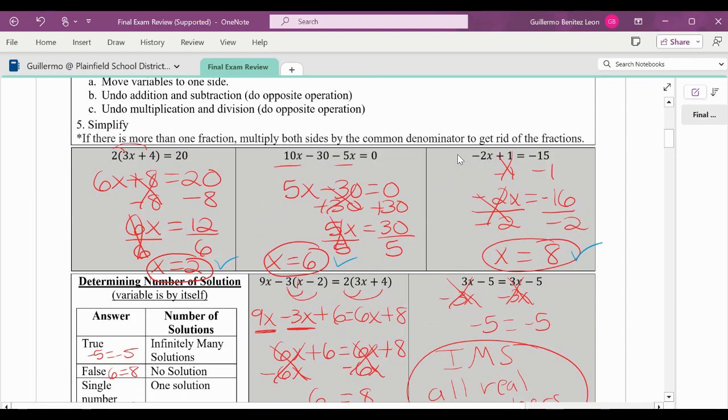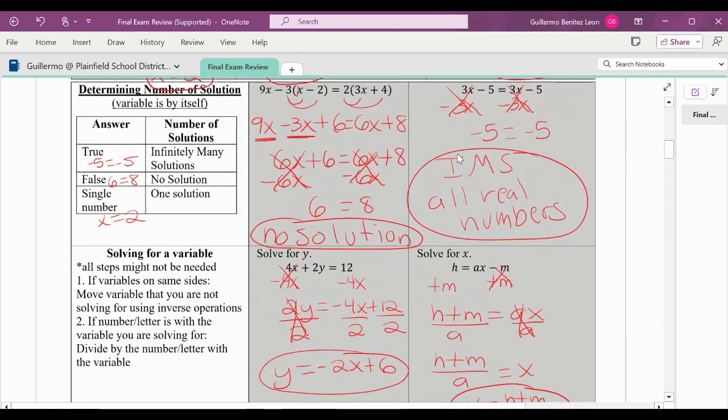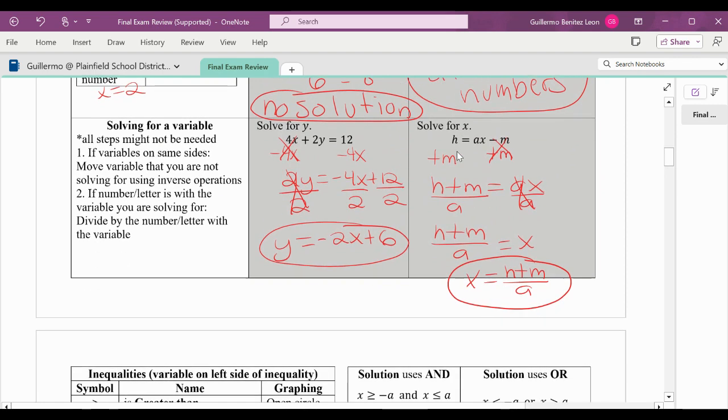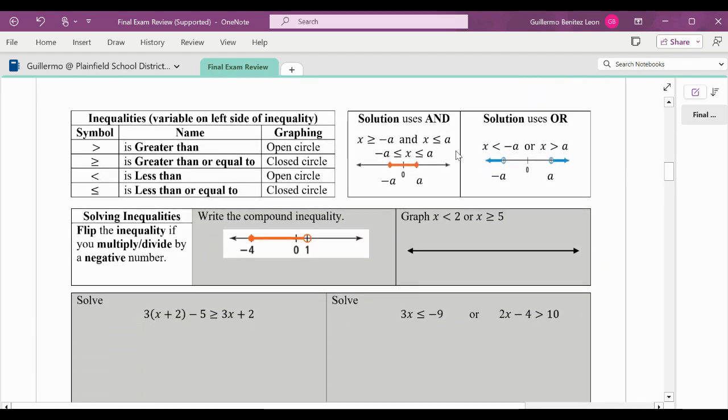This was all just equations, which was like topic 1, part 1. You flip to the next page. This is where we get into some inequalities. There's some general information here about open and closed circle, compound inequalities.